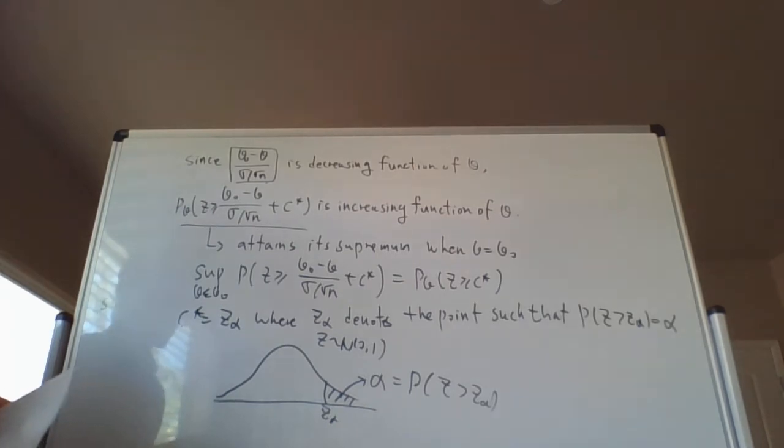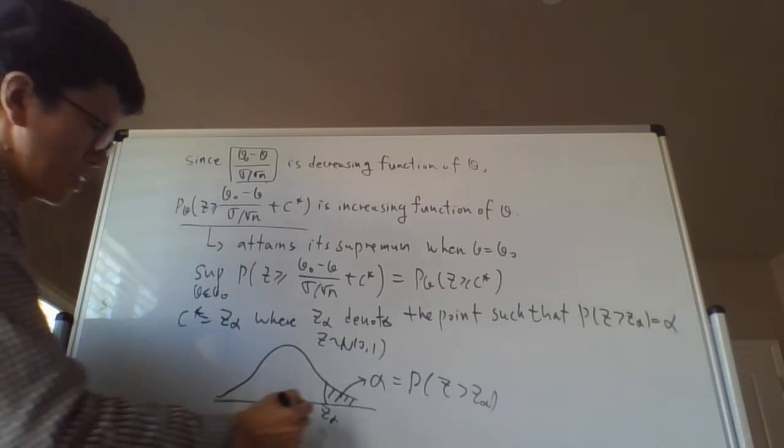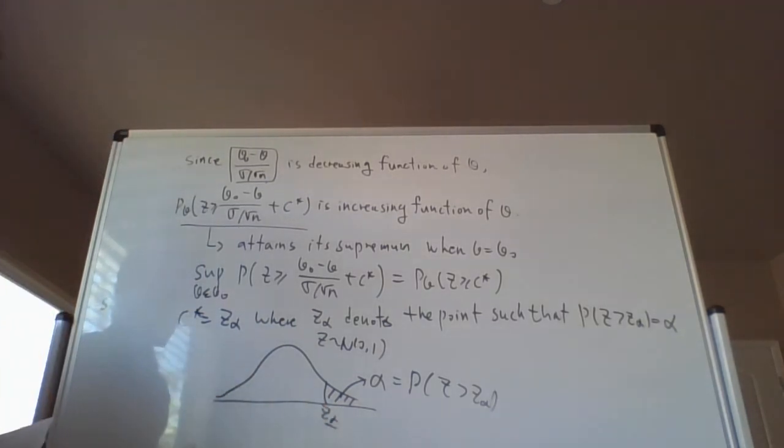So when we have a standard normal distribution curve, we know that the area under the curve after this z with subscript alpha is equal to alpha. So z alpha is the point that satisfies the probability that z is greater than z alpha is alpha.